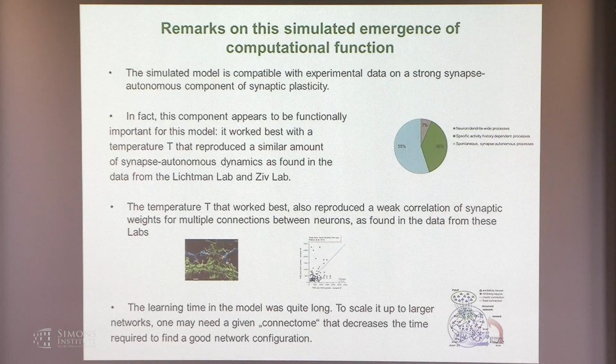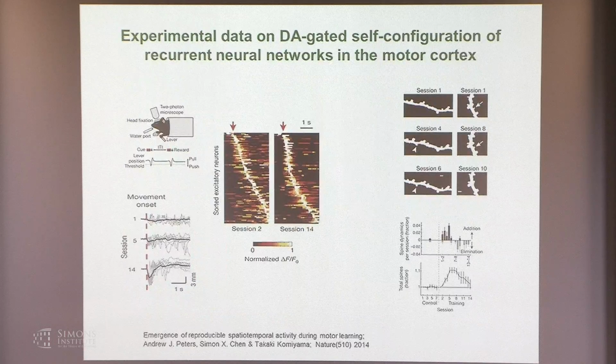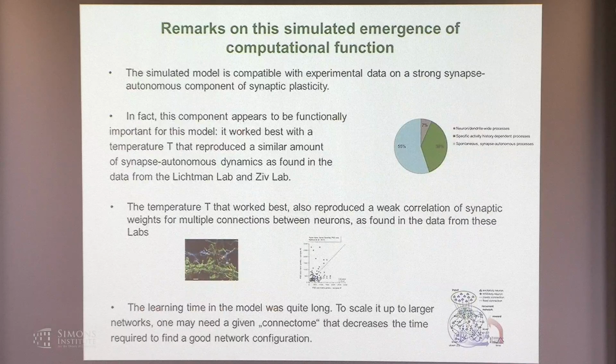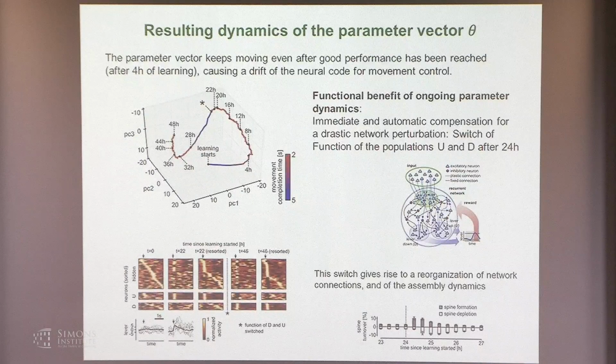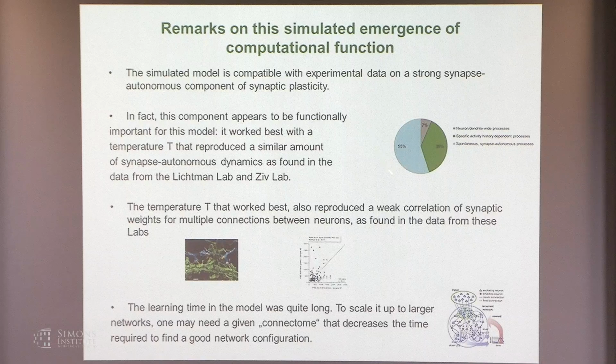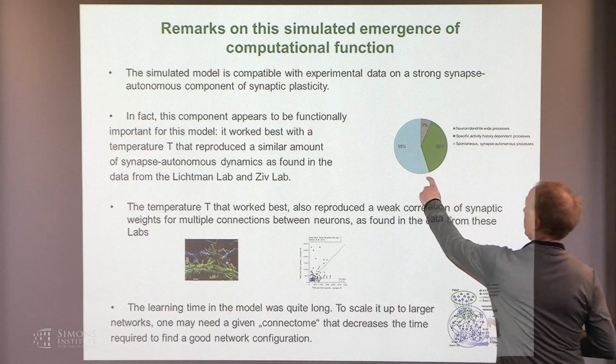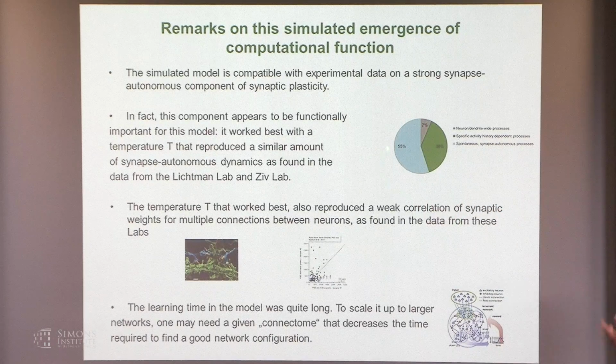And one aspect which is also nice, at least qualitatively, is that it's consistent with the experimental data which I mentioned on the strong fraction of the spontaneous synapse-autonomous processes, which we usually can't really interpret from the perspective of synaptic plasticity or learning.